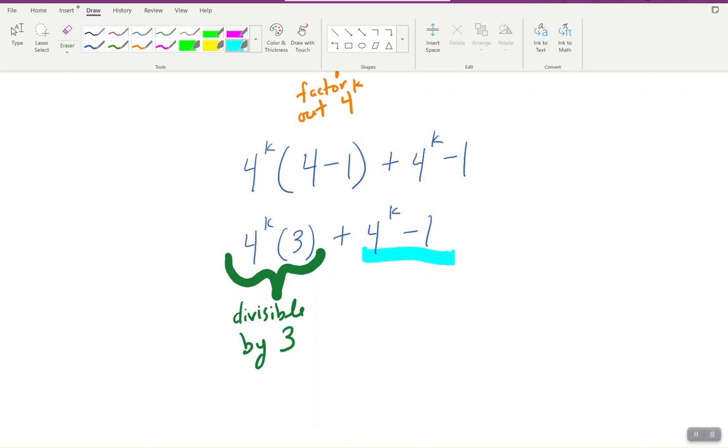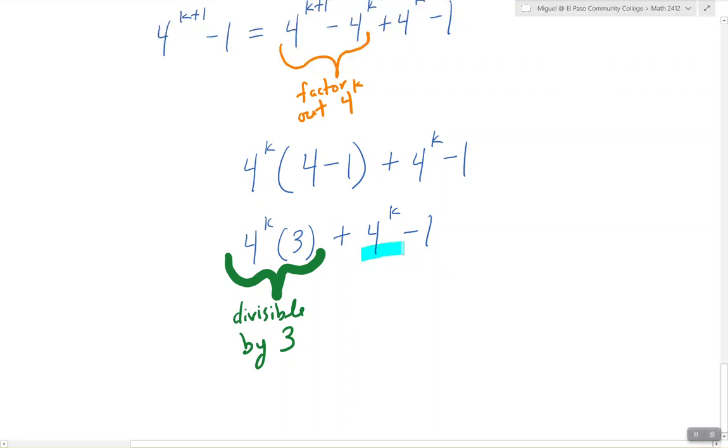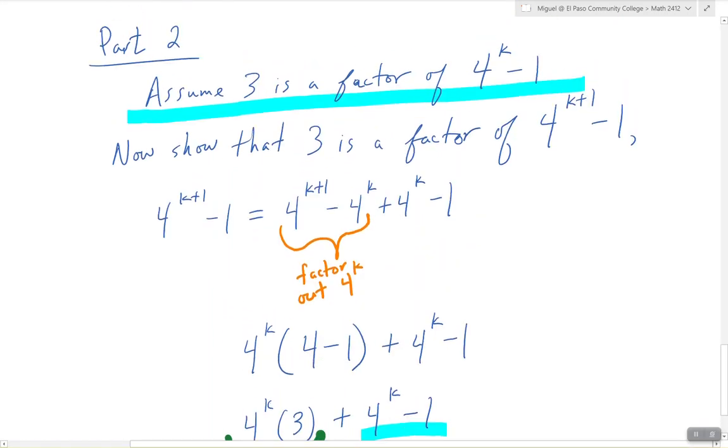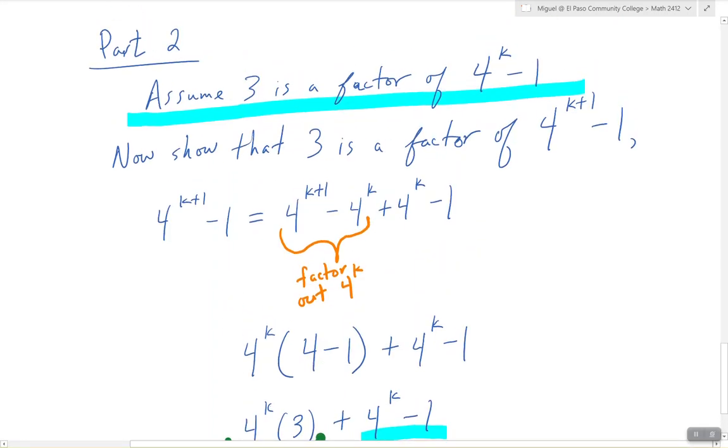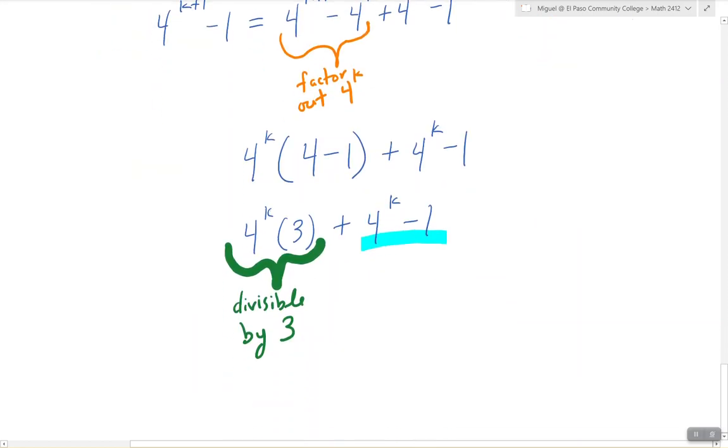Once you have something that matches your assumption, this is automatically divisible by 3, because we assumed that to be true when we started this, right? We said, we assume that 3 is a factor of 4 to the k minus 1, and here we have 4 to the k minus 1, so this is automatically divisible by 3. So the proper way to write it is, this is divisible by 3 by our assumption.